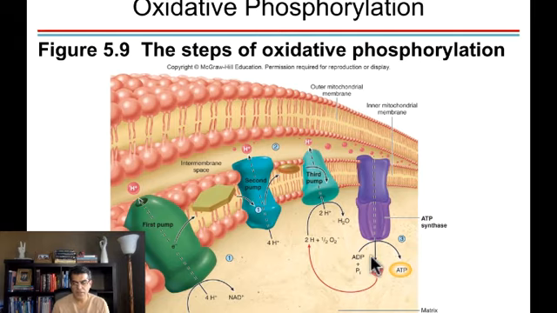As a result, the patient is going to die. That's why cyanide intoxication is very dangerous. When you get intoxicated by cyanide or even CO, your electron transport chain is going to get stopped. As a result, you create no ATP and every cell in your body is going to come to a halt, and no ATP means no life.